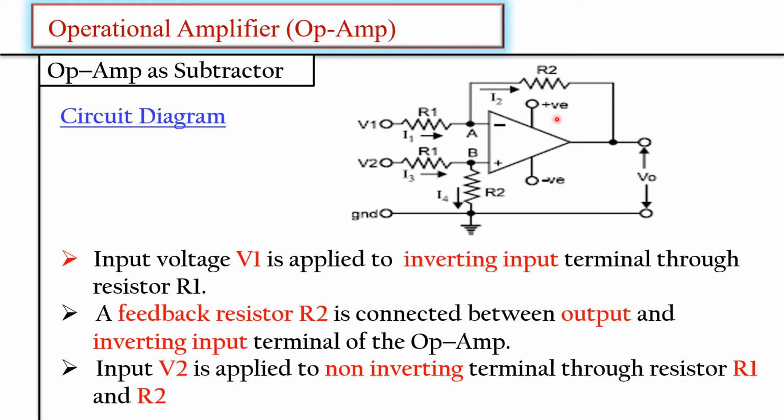Input voltage V2 is applied to the non-inverting terminal through the resistance R1, and R2 is connected to ground, right? So this is the circuit diagram for the subtractor.